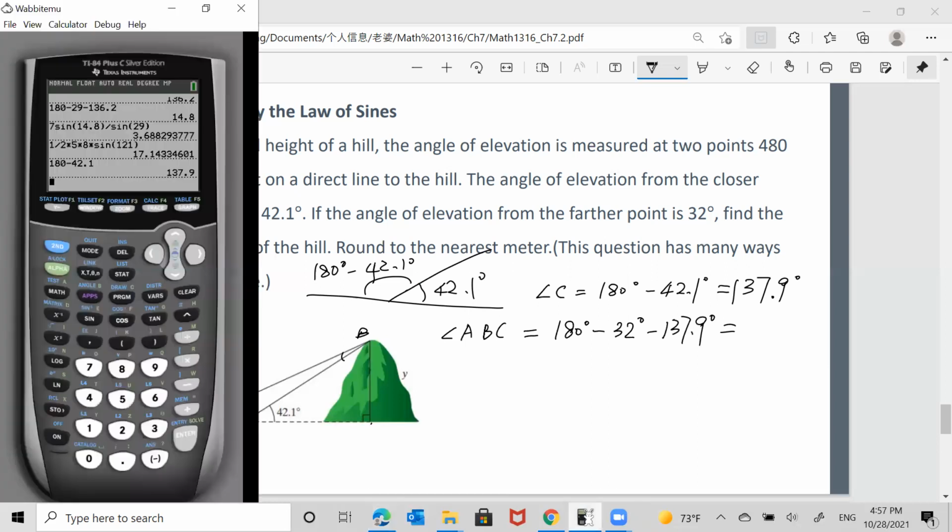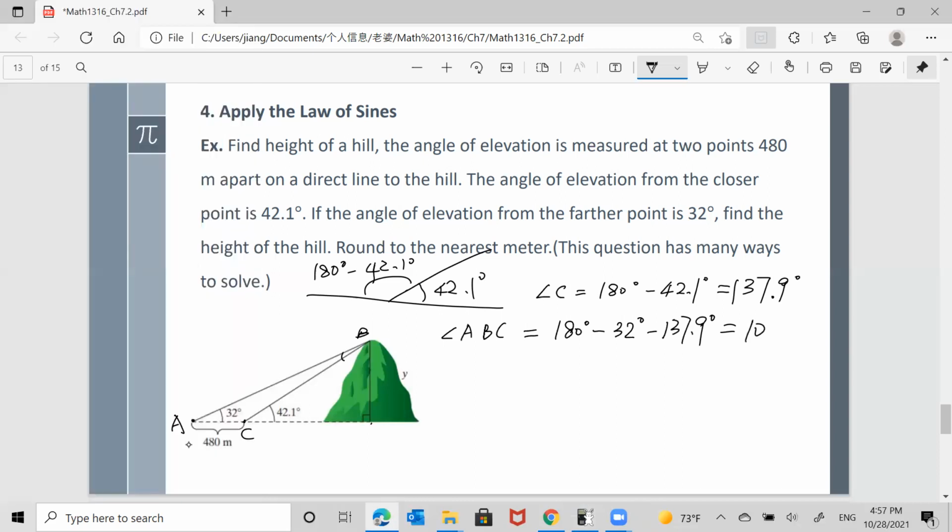Let's use the calculator: 180 minus 32 minus 137.9. That's 10.1 degrees. Right now we know 3 angles for this triangle.